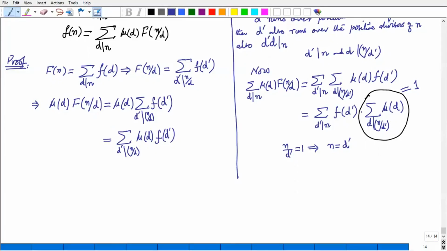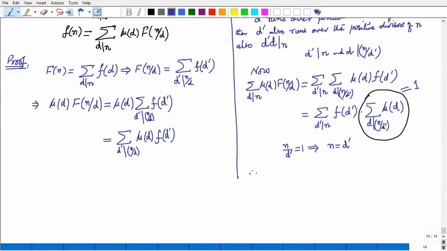So we will have a long sum. From that sum, we have to take only one value, which will be 1. All the others are 0, so we consider that value, and that value is only possible when n is equal to d prime, because n by d prime is equal to 1.